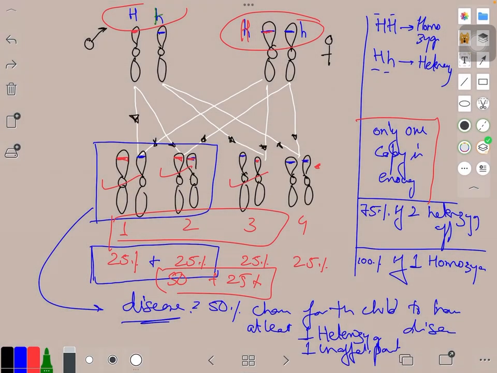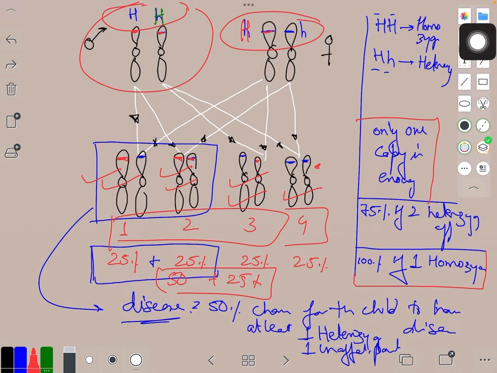If there is one homozygous affected parent, and the rest is normal, then this will be affected, this will be affected, this will be affected, and this will also be affected. So about a 100% chance that all of the children will be affected in this case if there is at least one homozygous affected parent.